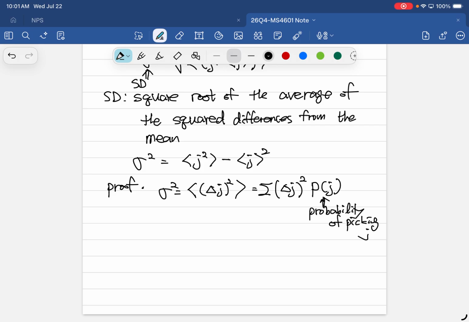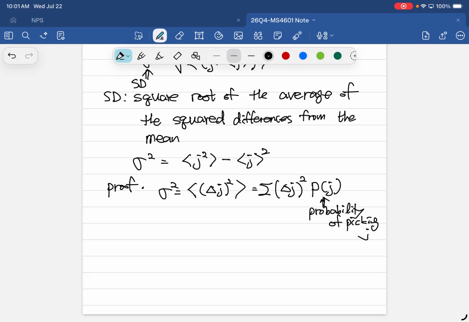So in order to understand those distributions, we have to evaluate average and standard deviation. That is why we are trying to evaluate what is the average and what is the standard deviation.